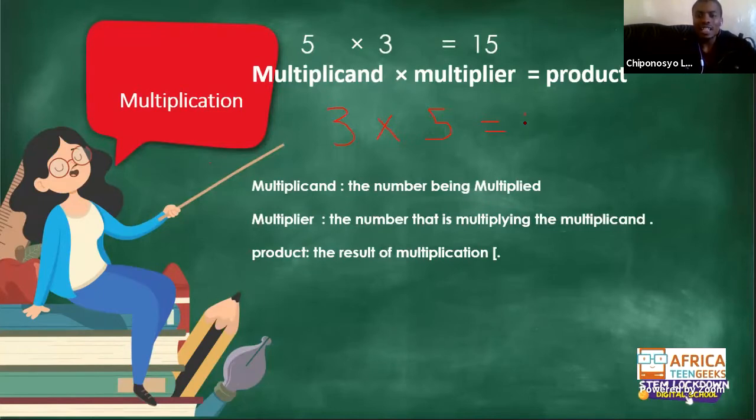But the difference is here. When we're looking at method, you'd use something else. For example, here I'll be doing 5 plus 5 plus 5, so it'll be 5 three times. And here I'll be doing 3 plus 3 plus 3 plus 3 plus 3, which would be 3 five times. But they give us the same answer. What is important here is to know that they give us the same product.